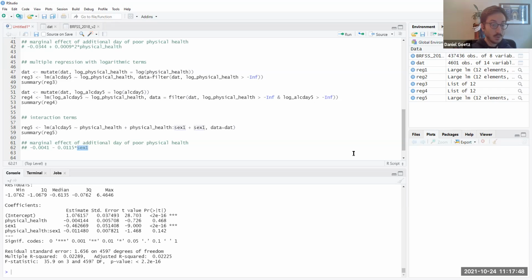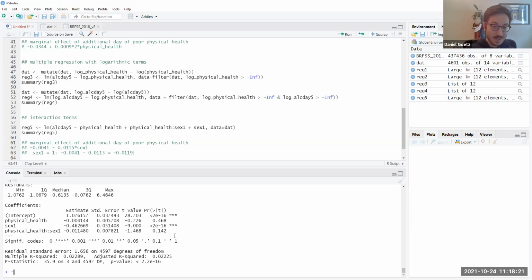So when sex1 is equal to 1, you'll have negative 0.0041 minus 0.0115. So in total, you'll have the sum of these two things.